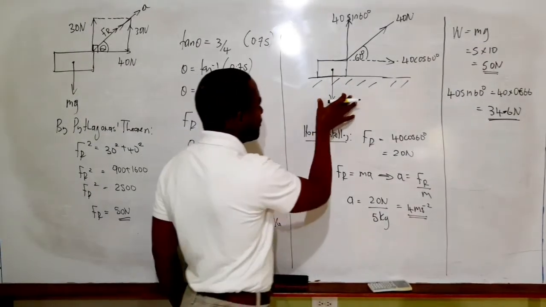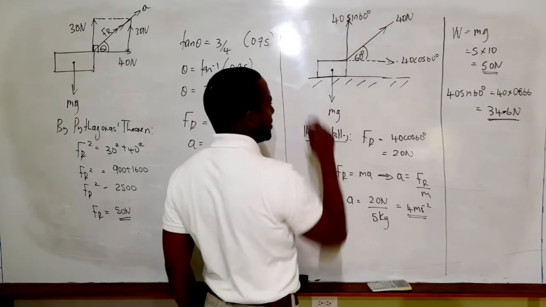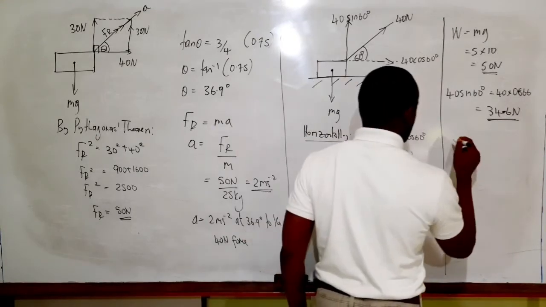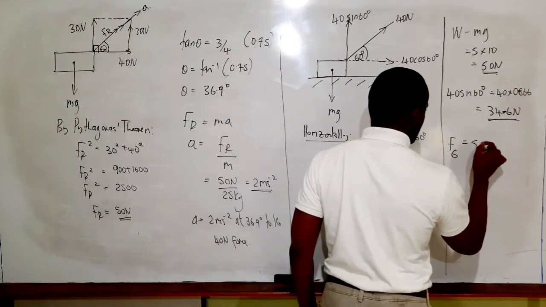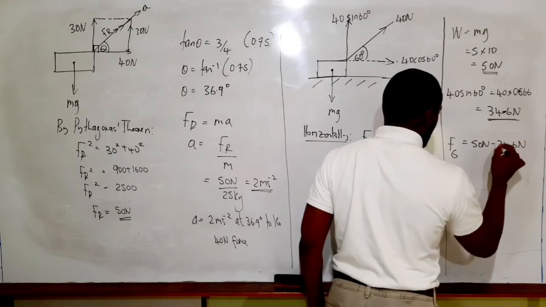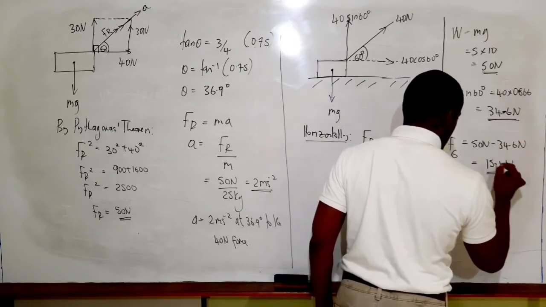So the force the body exerts on the ground is equal to the weight minus this component. Let's call this force Fg, the force exerted on the ground. It will be equal to 50 newtons minus 34.6 newtons, and this gives us 15.4 newtons.